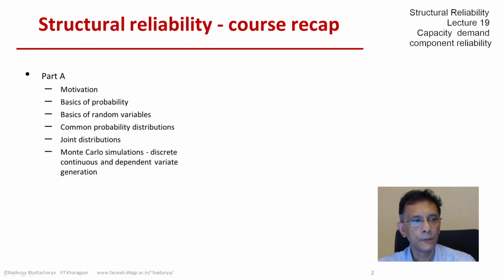So part A covered the motivation, why we are learning this course. We discussed the basics of probability, basics of random variables. We discussed quite a few common distributions that occur in reliability and structural reliability in particular, both discrete and continuous types.